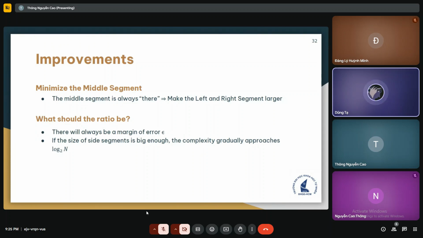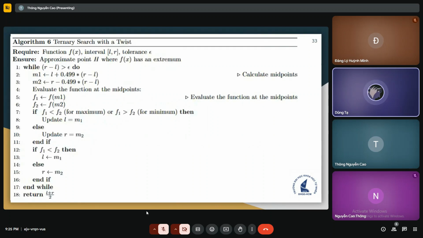So, a natural question arises. How should we divide the interval to eliminate more? It turns out that if the two division points are placed closer together, almost merging, then the middle segment becomes very small. As a result, we discard more at each step, and the algorithm approaches the behavior of binary search, reducing complexity to log base 2 of n.